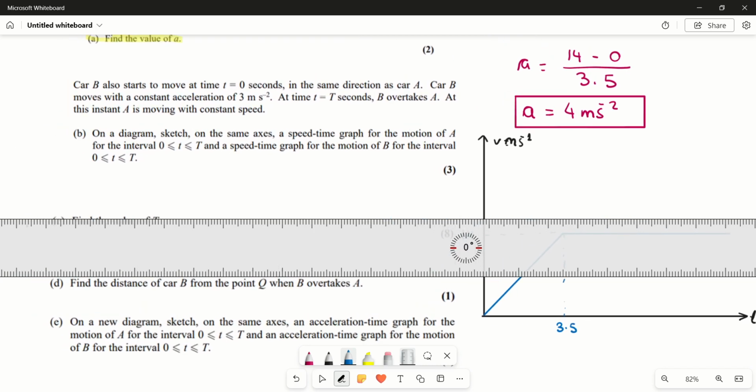Car B also starts from time t equals 0 in the same direction as car A. Car B moves with constant acceleration of 3 meters per second squared. At time t seconds, B overtakes A. At this instant, A is moving with constant speed.